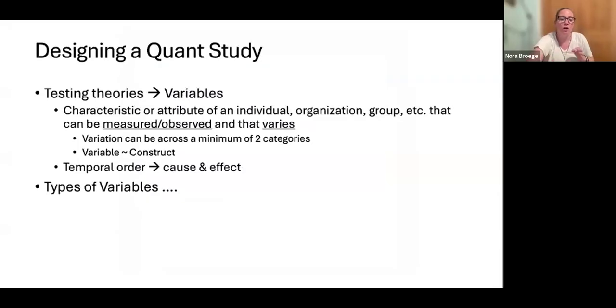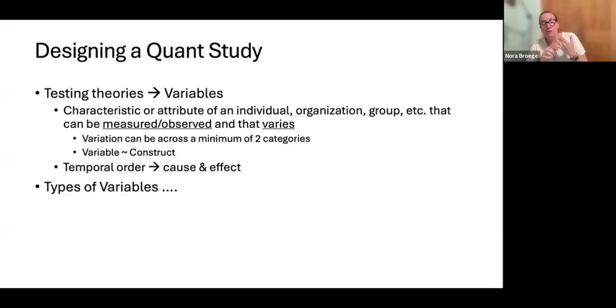Okay, so if you recall, quant studies are all about using variables to test theories, right? So you either use existing data somebody else collected, or you collect your own data via an instrument that is easily translatable to variables. And these are the things that you will analyze, right? So variables are characteristics or attributes of your unit of analysis.